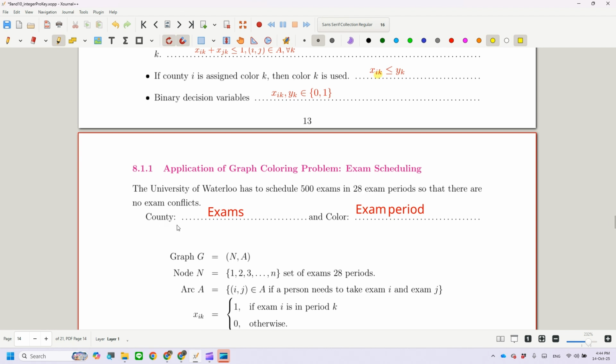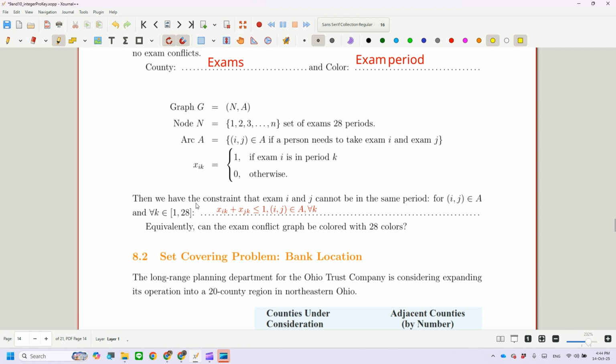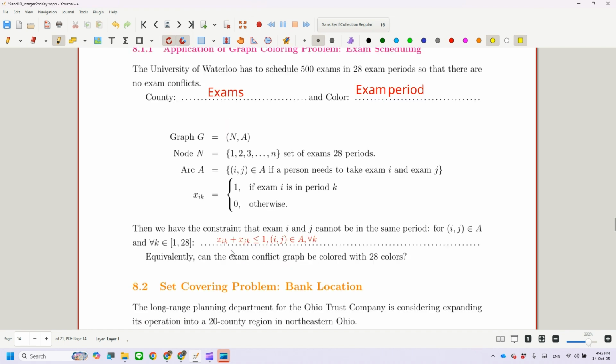So the counties can be exams and the colors are exam periods. Okay, so we have xik to be 1 if exam i is in period k and 0 otherwise.